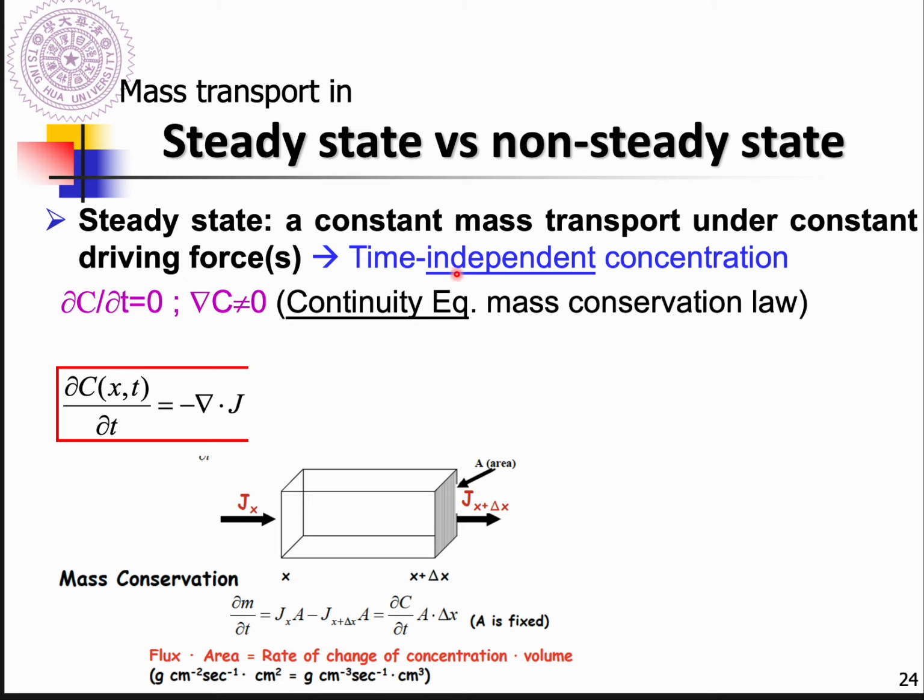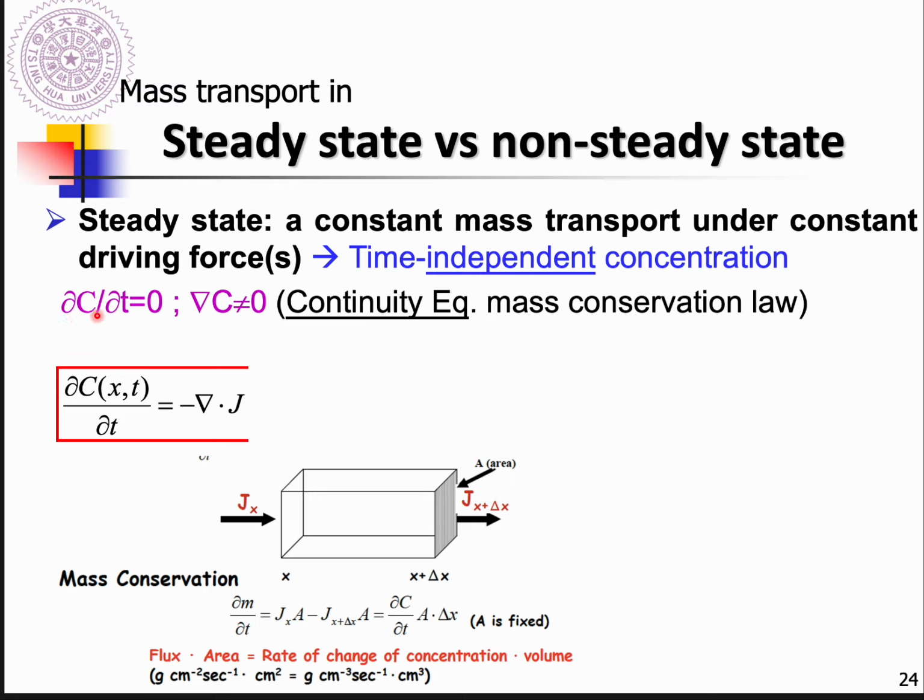What is a time-independent concentration profile? It means partial c, partial t equals 0, right? But there does exist a concentration gradient. That means there's definitely a concentration profile inside your materials.